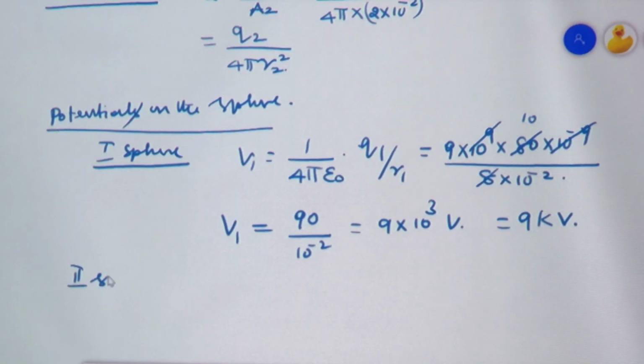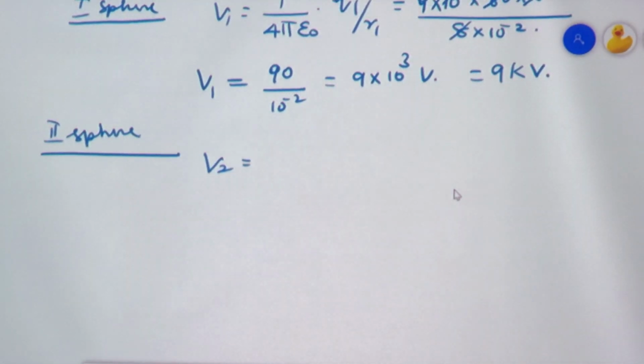Similarly, we can calculate it for the second sphere. The potential V2 is given by 1 divided by 4 pi epsilon 0 into Q2 divided by R2.